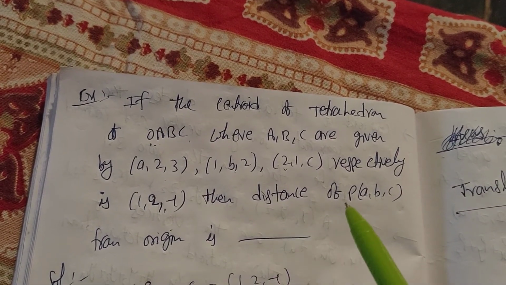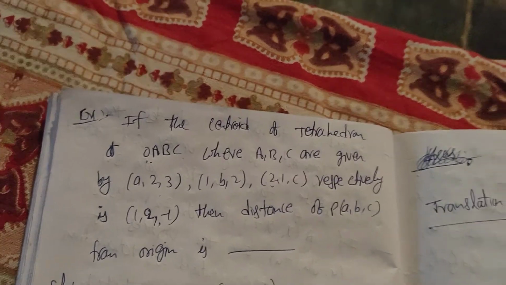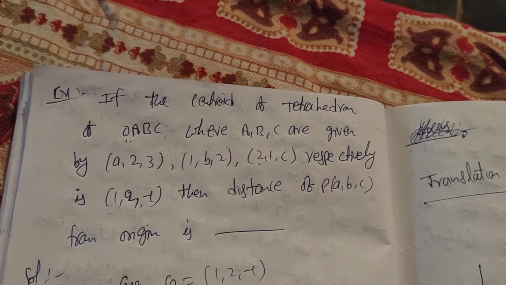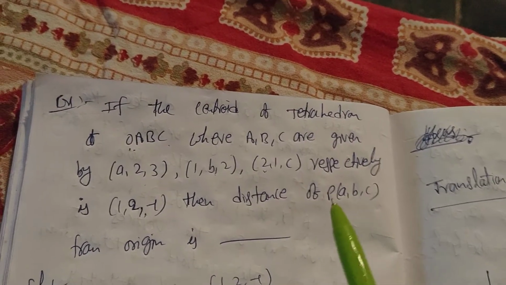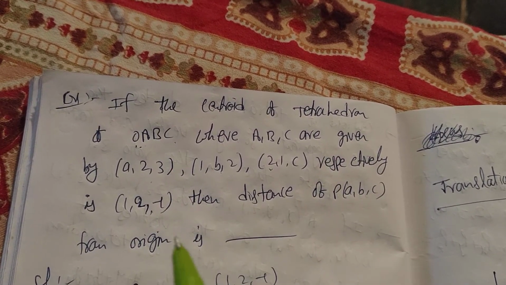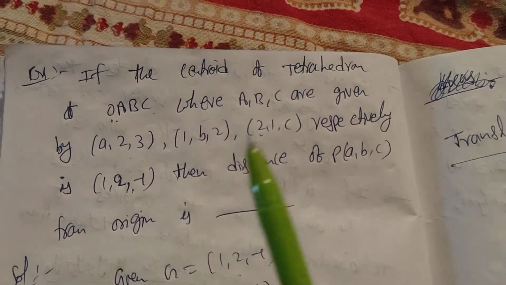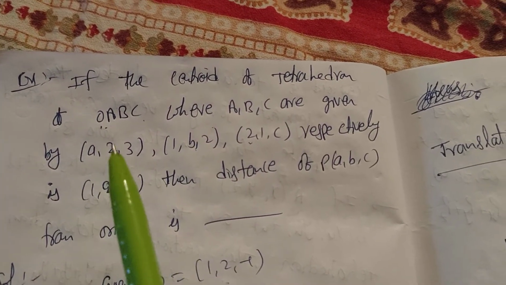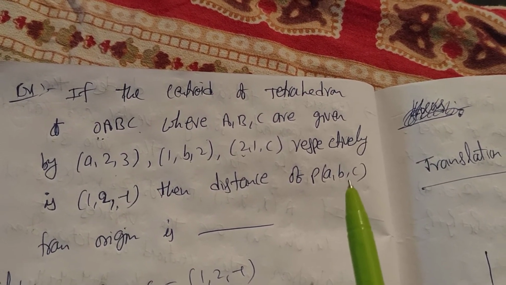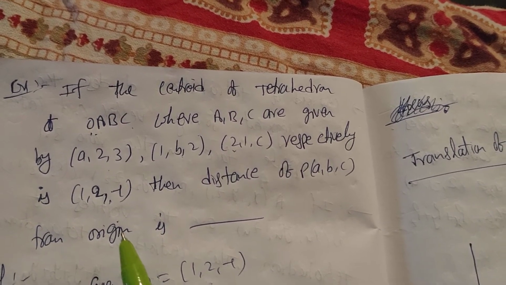Then the distance of P from the origin is asked. Here the centroid of OABC is given. Based on that, we have to find out ABC. After getting ABC, from this point P to the origin, we have to find the distance.